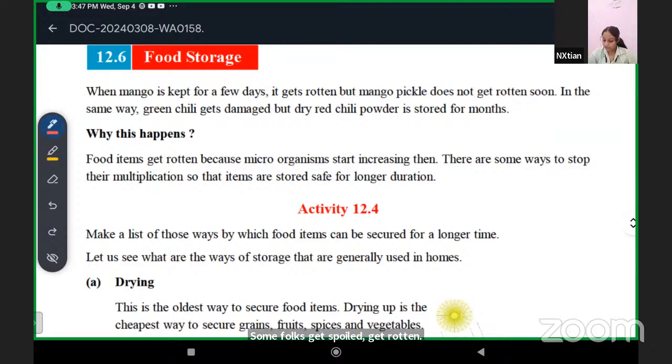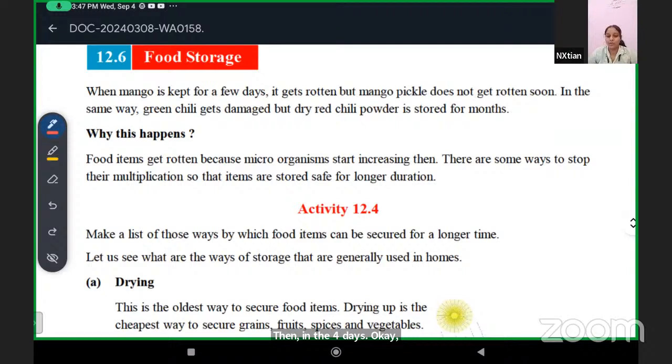So that is what we are talking about. Why do food items get rotten? Because microorganisms originate in that, and they start to multiply in the food items.